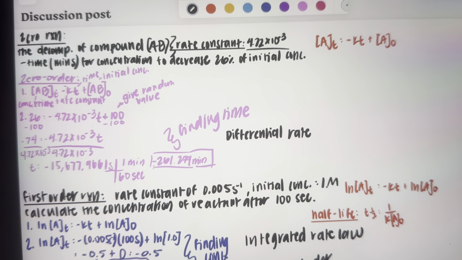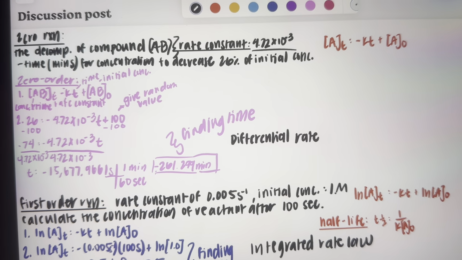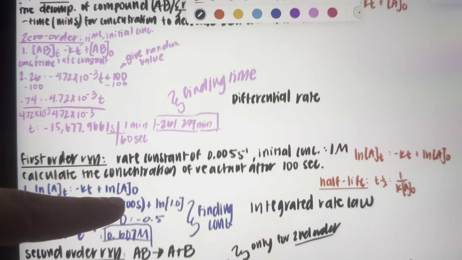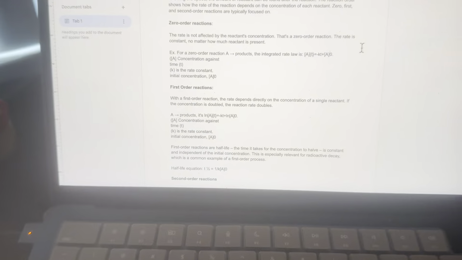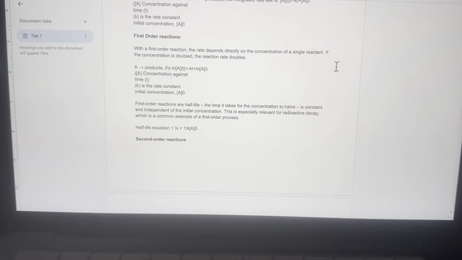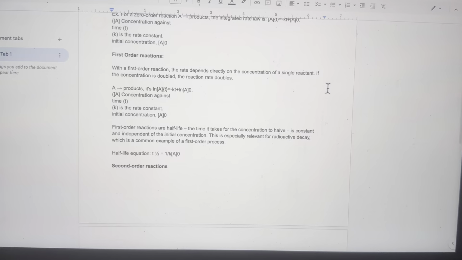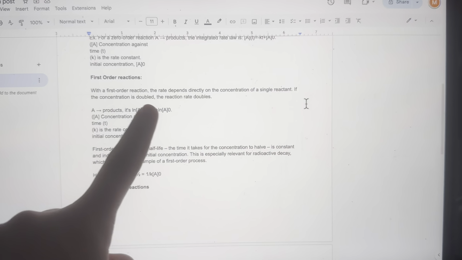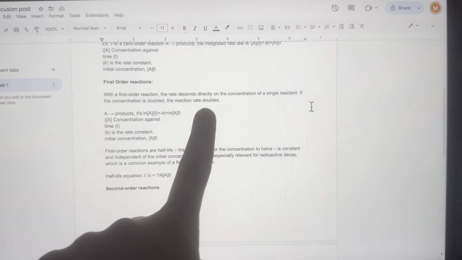Just like I said in the beginning about differential rate, this would be a differential rate problem because we're solving for the time. And now we have the first order reaction. With the first order reaction, the rate depends directly on the concentration of a single reactant. If the concentration is doubled, the reaction rate doubles.